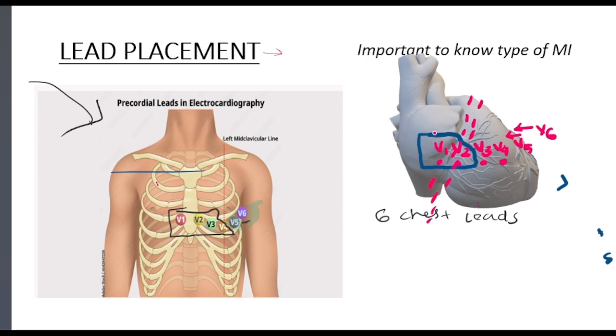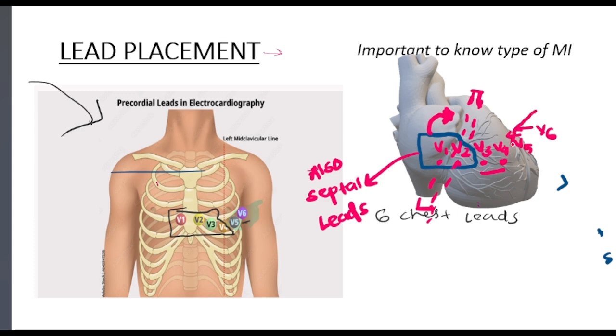It's clear that V1 and V2 are looking at the septum, so V1 and V2 are also septal leads. So V1 and V2 are septal as well as anterior, while V3 and V4 are purely anterior. You understand? Yes. Now it's clear.